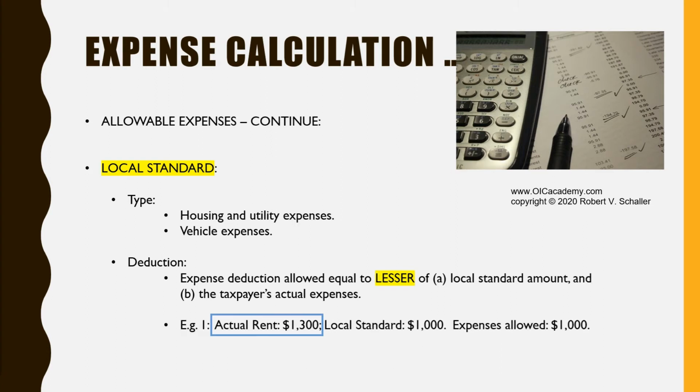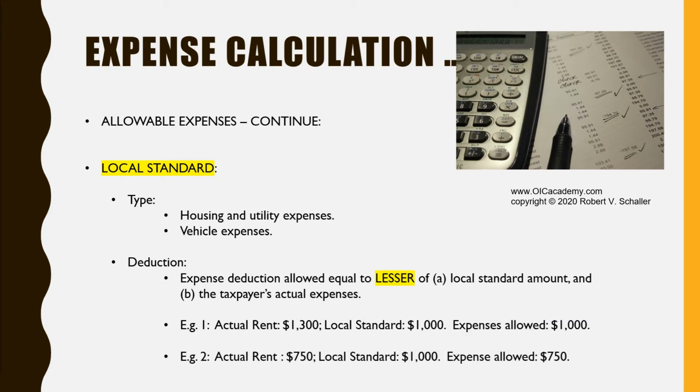For example, assume a taxpayer's actual rent obligation is $1,300 per month, and let's further assume the allowed local standard for housing is $1,000 per month. In this scenario, the taxpayer would be allowed the lesser local standard housing expense deduction of $1,000 per month, even though the taxpayer actually pays $1,300 per month to his landlord.